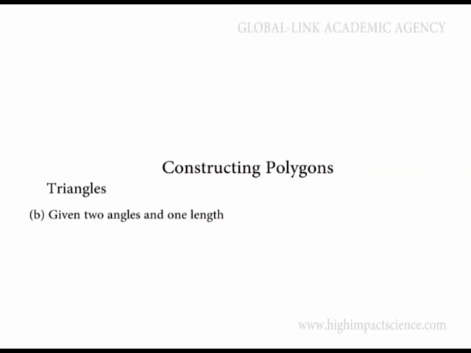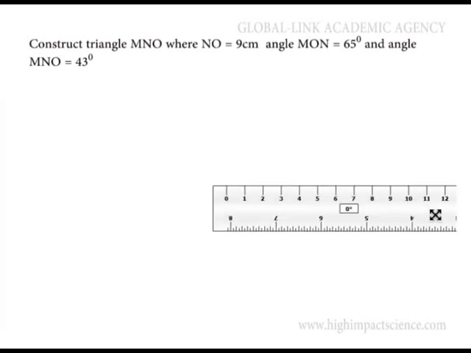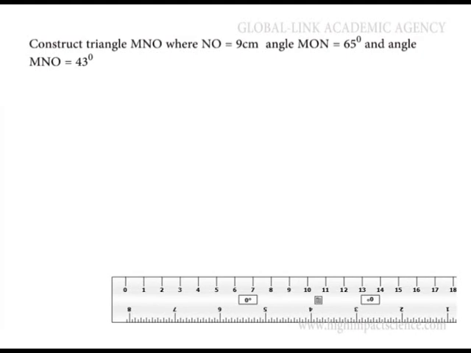The next triangle is when given two angles and one length. We will construct triangle MNO, where NO is equal to 9 centimeters, angle MON is equal to 65 degrees, and angle MNO is equal to 43 degrees. We start with the line 9 centimeters.